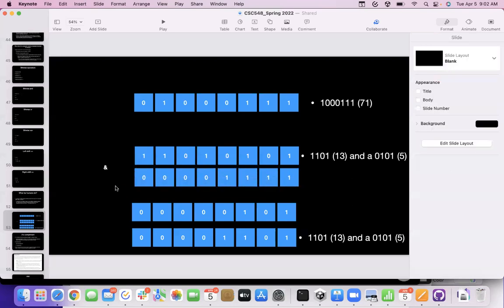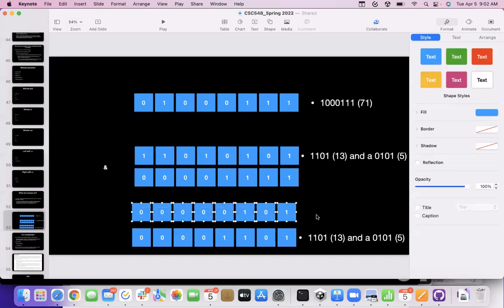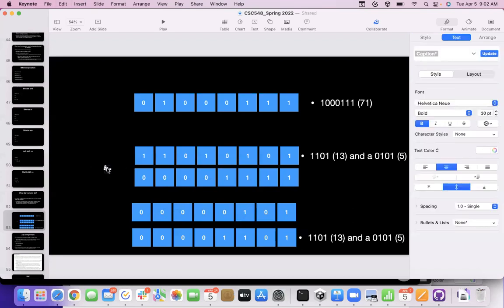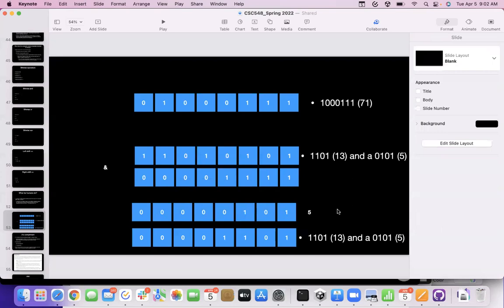But because I know how the tool works, I'm going to be left with this value, which is my 5. All right, makes sense how we accomplish that.